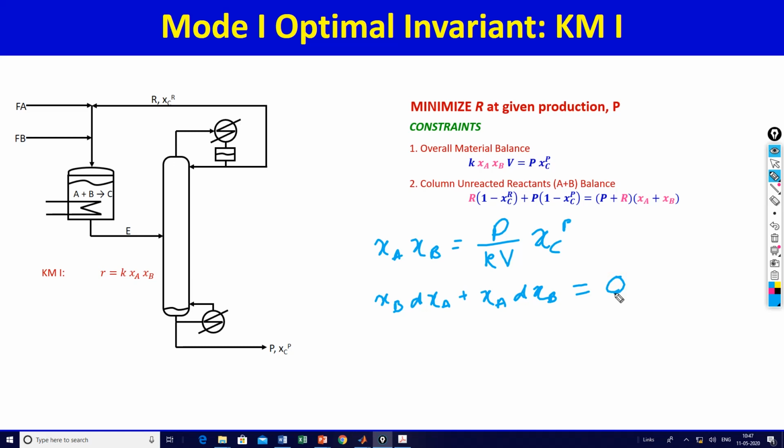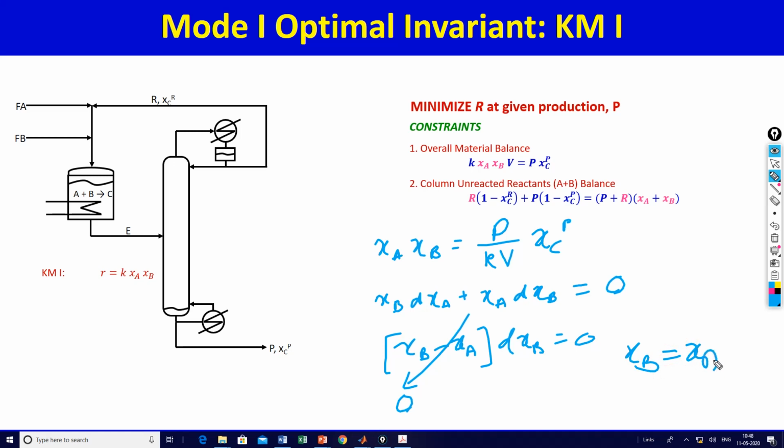Substituting dXA equal to minus dXB, we have XB minus XA times dXB is equal to 0. This will hold true when XB minus XA is 0, that is, when XB is equal to XA.